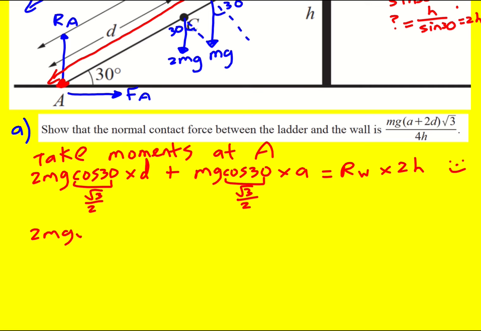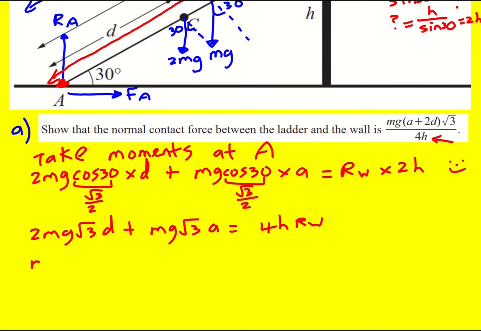You might prefer, because otherwise we might get fractions within fractions if we start dividing straight away by 2h. So 2mg root 3 d plus mg root 3 a is going to equal 4h RW. And this is quite nice because we can see we've already got the 4h. So I just need to simplify the rest of it.